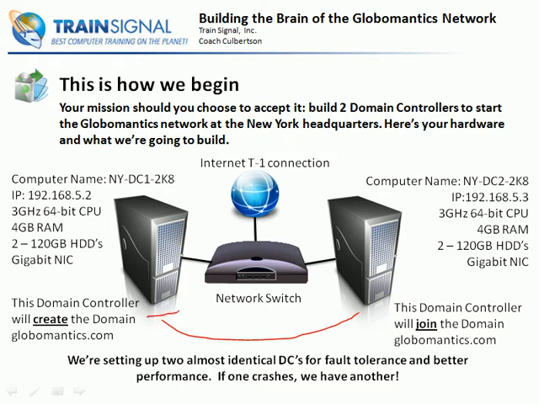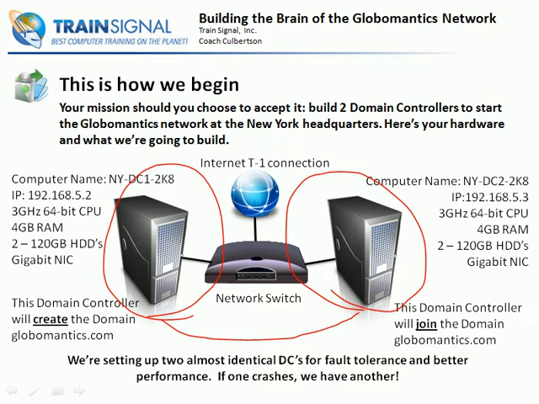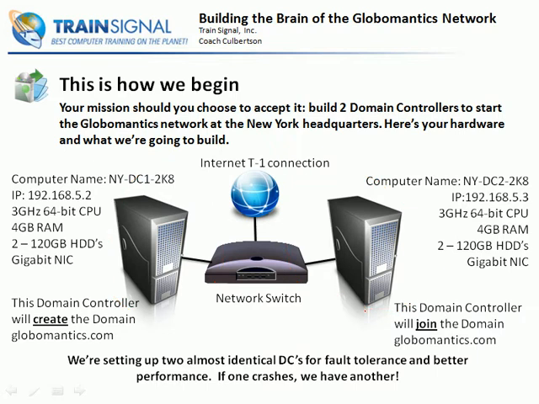So if this guy starts to get a little bit too beat up, this guy can also handle a lot of the load too. Now, let's say that we have 2 domain controllers on 2 different floors of your building. Well, that's pretty neat, because then we can have our users log in using this domain controller, or we could also have users log in with this domain controller. So again, 2 heads are better than 1, 2 DCs are better than 1 as well.